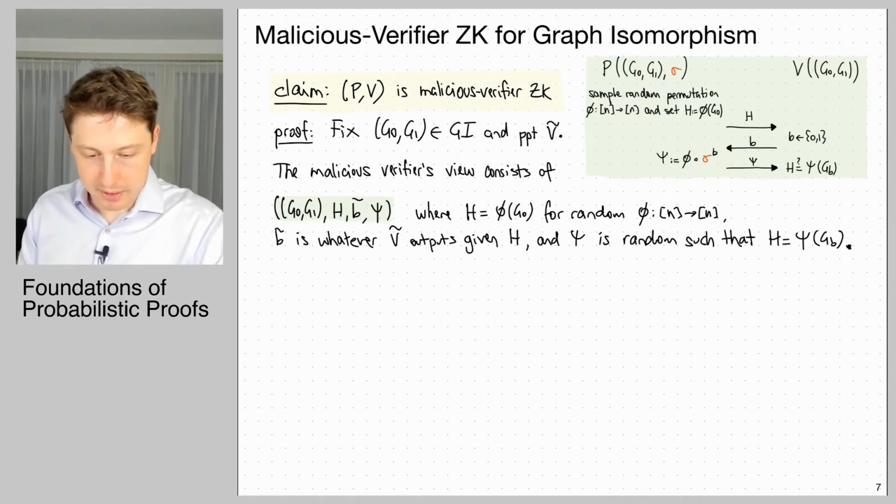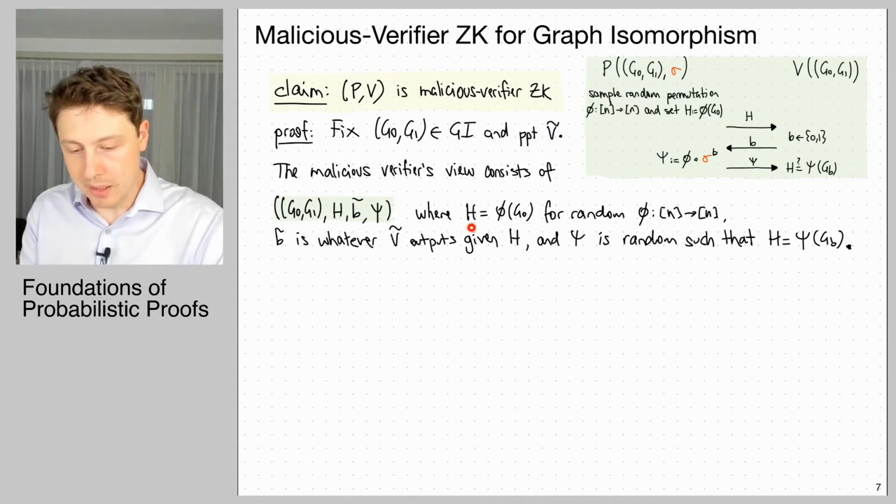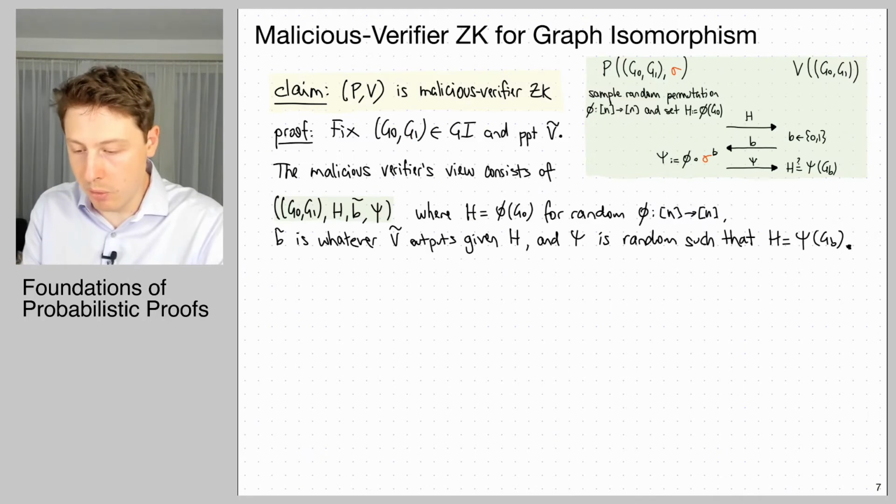So what is this thing? Like before, H was sent by the honest prover, so it's just a random graph isomorphic to G0, which, because G0 and G1 are isomorphic, is just a random graph isomorphic to both. B tilde is whatever V tilde outputs given H.